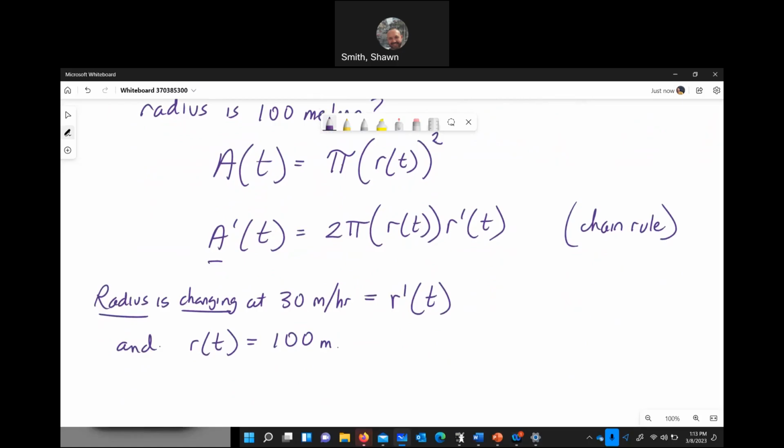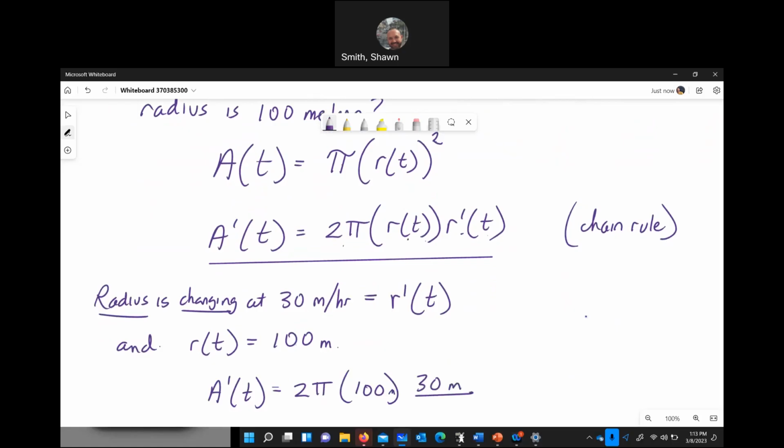So taking this rate of change of the area, I can plug in these numbers. 2 pi, r of t is 100, r prime of t. Let's put the meters there. r prime of t is 30 meters per hour.